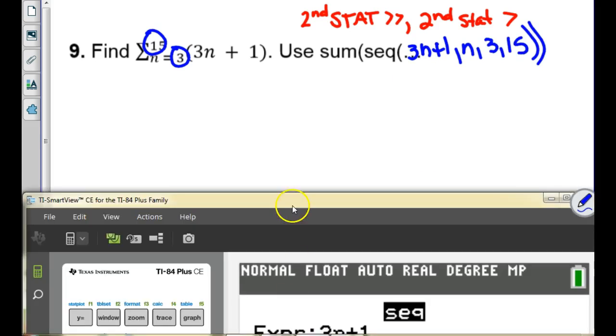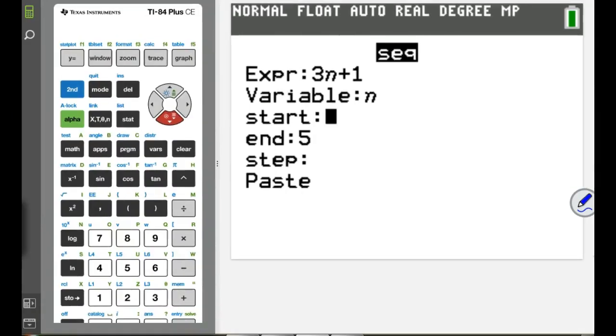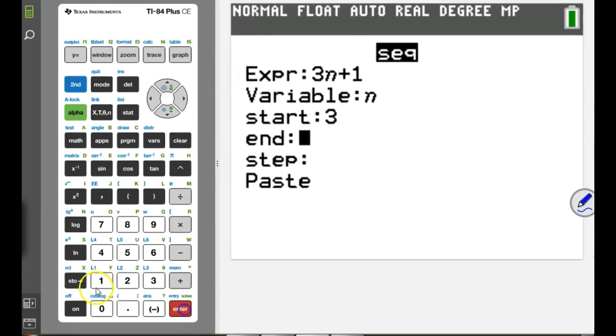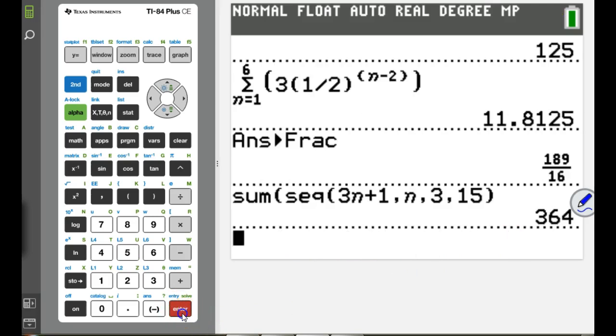Or yes, you can use the sequence summation symbol. What was it, 3 through 15? So it should look like this on your screen. And you get 364.